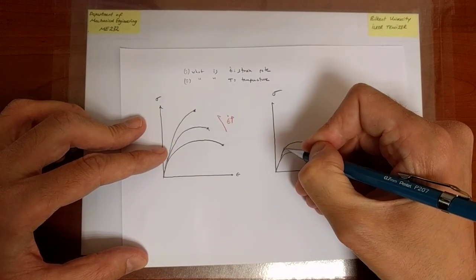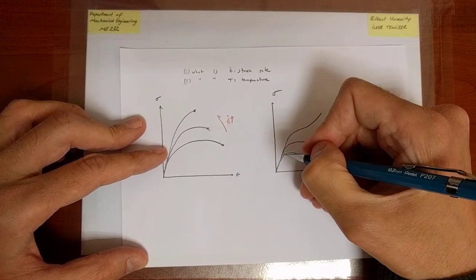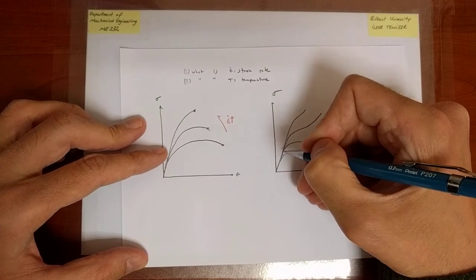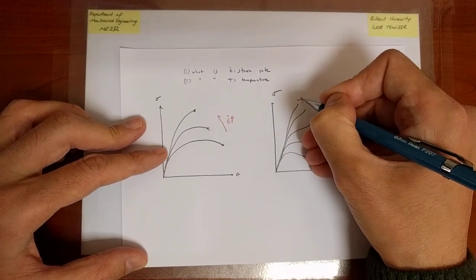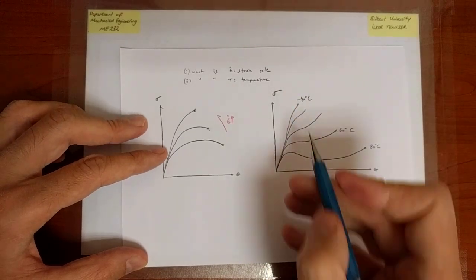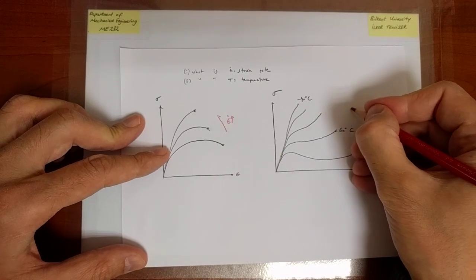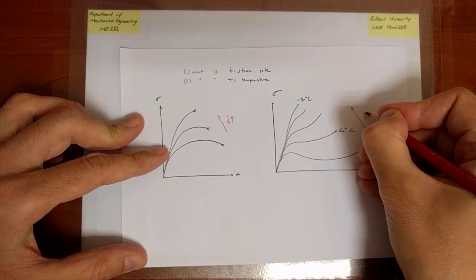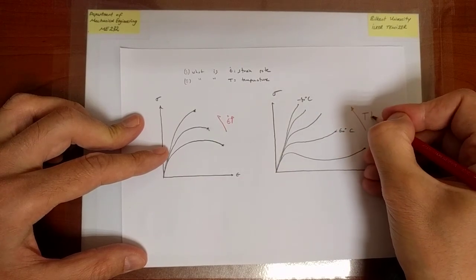And if you decrease it further, let's say to room temperature, and then to 0 or sub-0 degrees, and then eventually to, let's say, minus 40 degrees Celsius, this is eventually what the stress strain curve looks like. So what is changing here is that the temperature is decreasing in that direction.